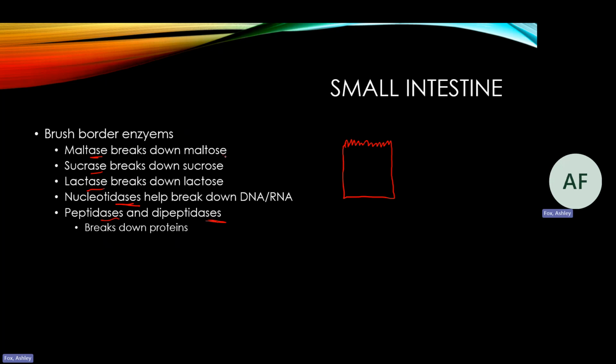So maltase breaks down maltose, sucrase breaks down sucrose, lactase breaks down lactose, nucleotidases is going to continue to break down RNA and DNA, and peptidases, dipeptidases is going to finish off proteins. And again, we'll look at those more when we get to upcoming videos.